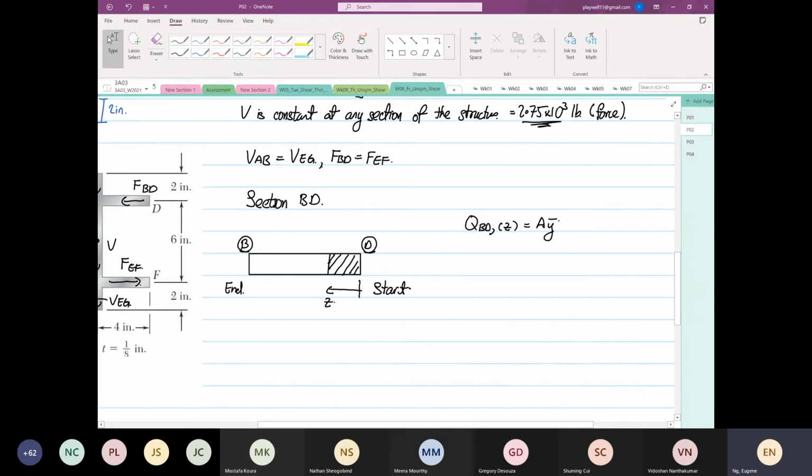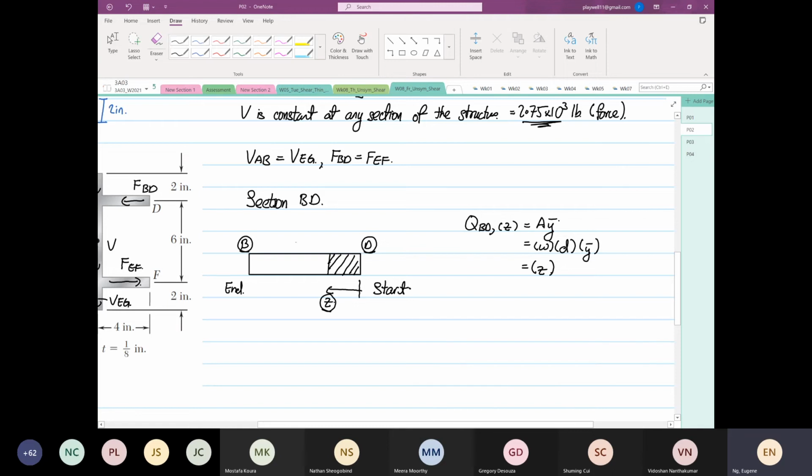As I said, I like to use the term where you have width multiplied by depth multiplied by y bar. The width down here is Z. We're only interested in the shaded section now.